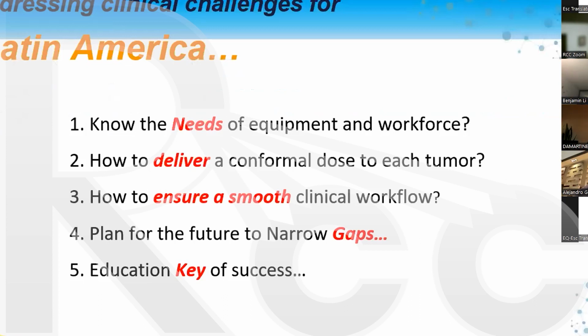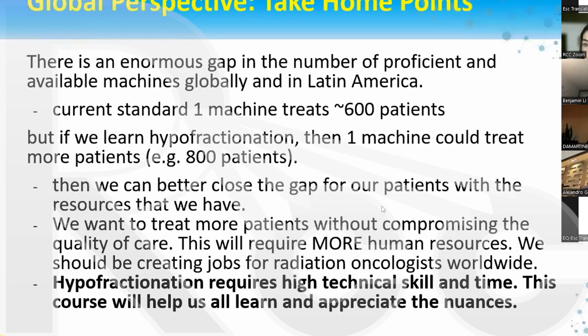We must ensure a clinical course or workflow as smooth as possible, understanding that we are a work team, including the physician and the medical physicist. We need to plan for the future to narrow the gaps that we've seen in the previous slides. And that is the key to success. So that's why we're here today.